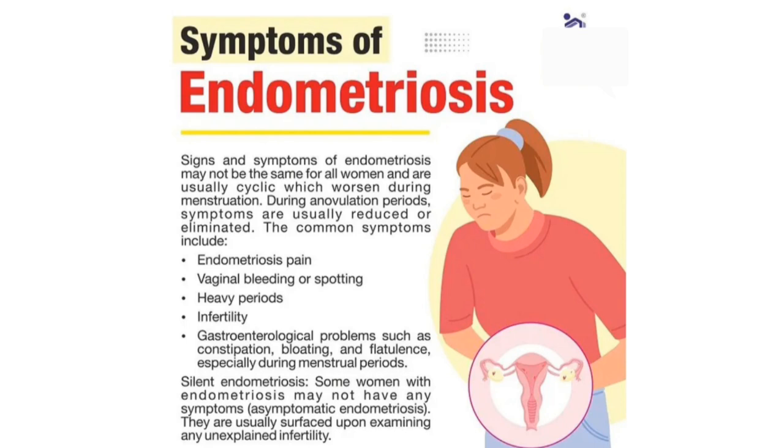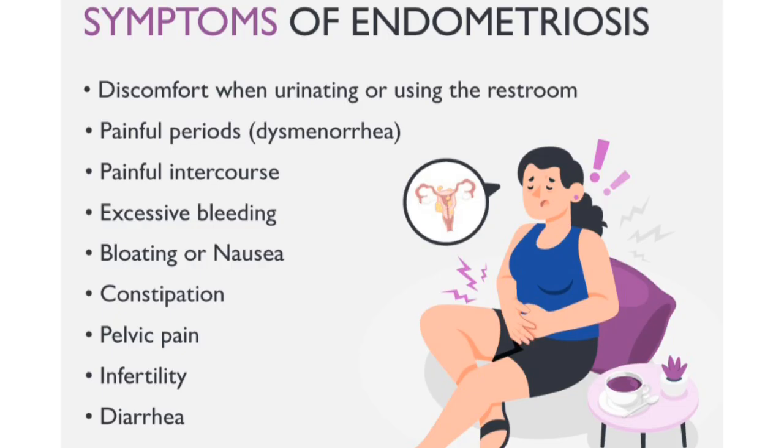The reason this happens is because endometrial cells in this endometrial tissue that is in different places in the body respond to changes in hormonal levels during the cycle. So what is often found here is that the pain is going to be worse at the onset of menstruation.